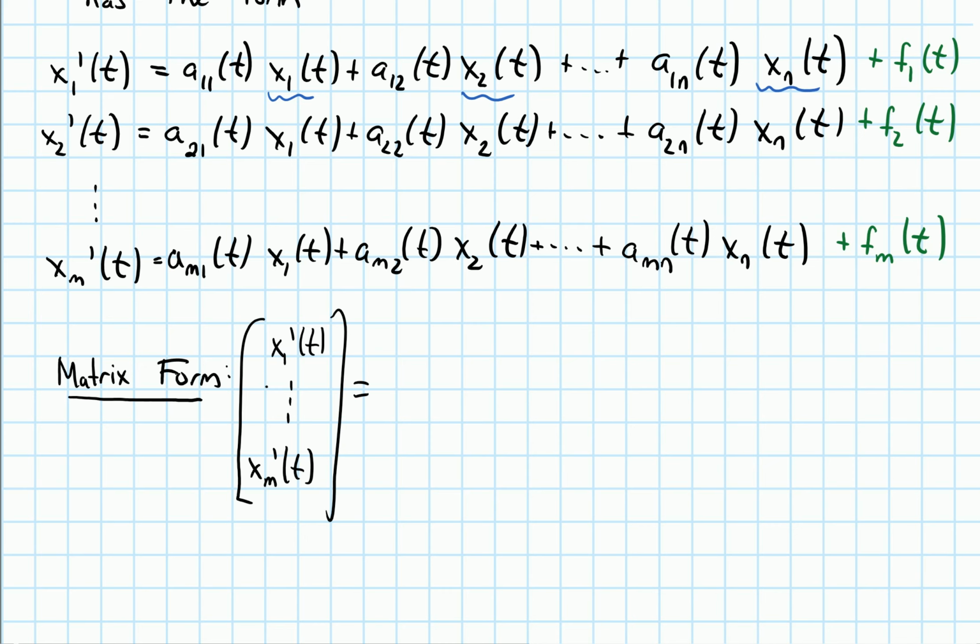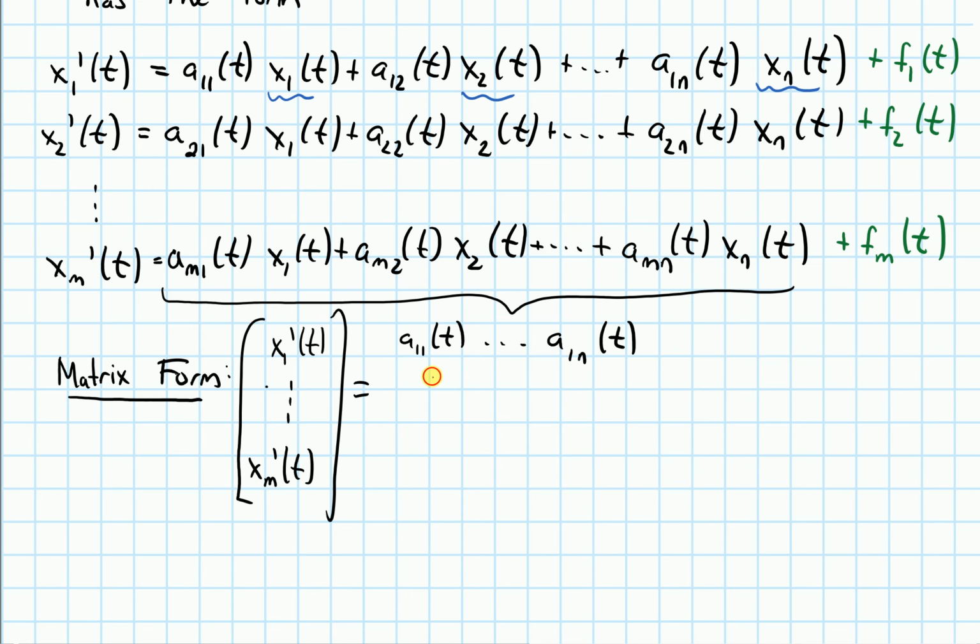And the right-hand side, for this portion right here, will be a matrix times a vector. It'll be the matrix that has a11 of t, dot dot dot, up until a1n of t. I'm basically putting the coefficients of the x1 of t, x2 of t, xn of t, and writing those as entries in my matrix.